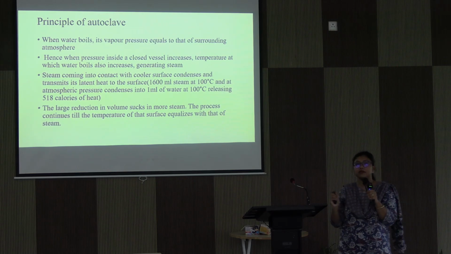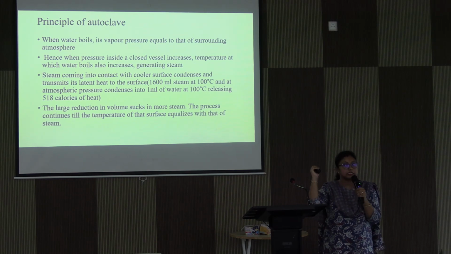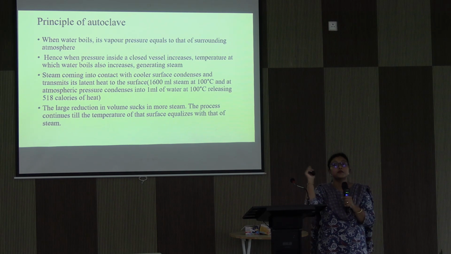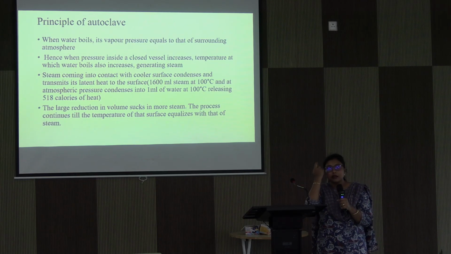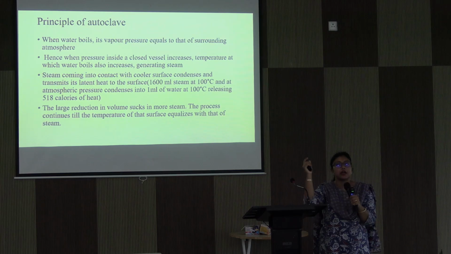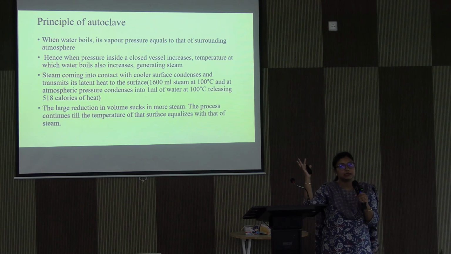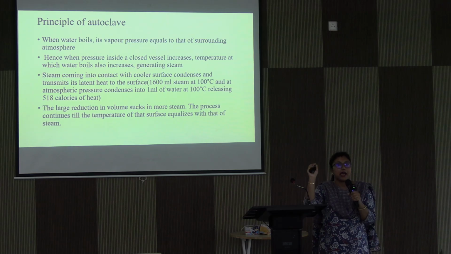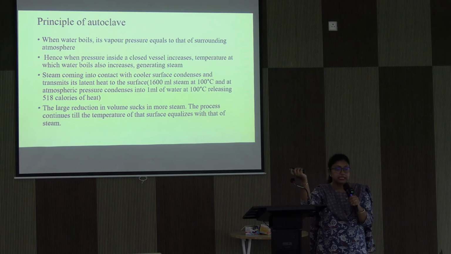Can somebody tell me the principle? Autoclave, what is happening here? First of all, this is a method of moist heat sterilization above 100 degrees Celsius, and we are using steam as it expands and has a higher temperature than water. When steam comes in contact with cooler substances, it condenses and releases a huge amount of heat.